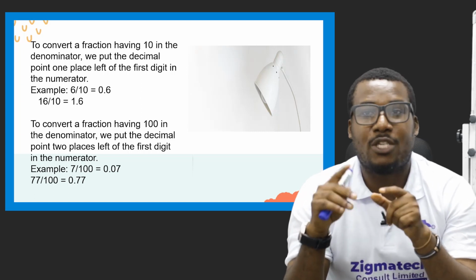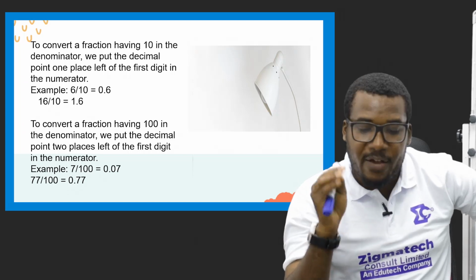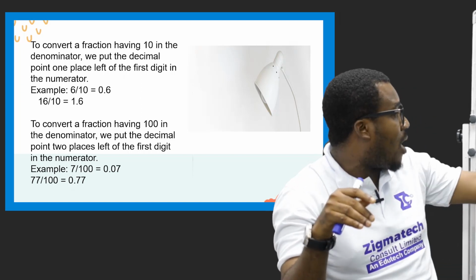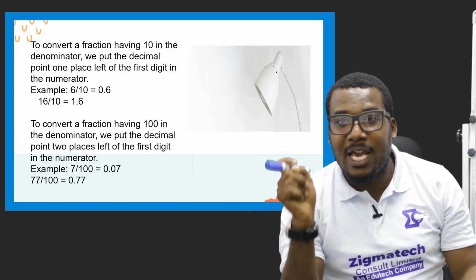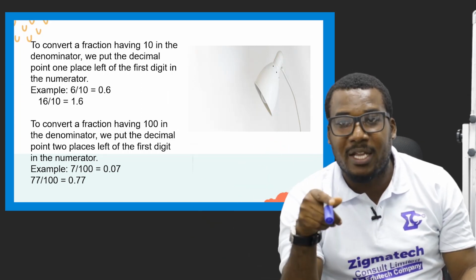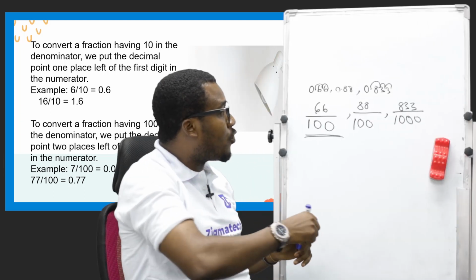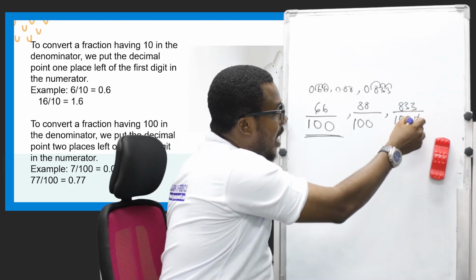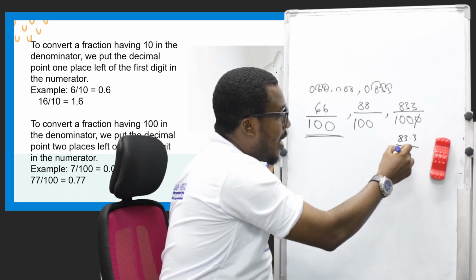Now, the reverse is the case when you're converting fraction to decimal. Whenever you see something over 10 or 100 or 1000, it's so easy. For every zero you cancel, your decimal point is moving. So in this case, let me look over here and just do it quickly. In this case, this 0 will give us 83.3 over 100.